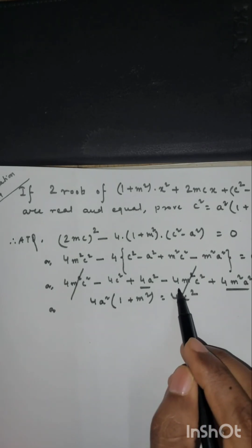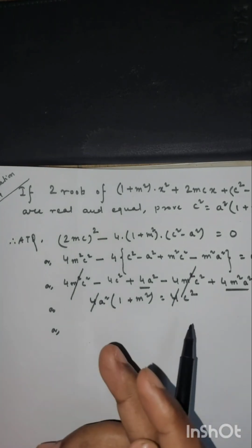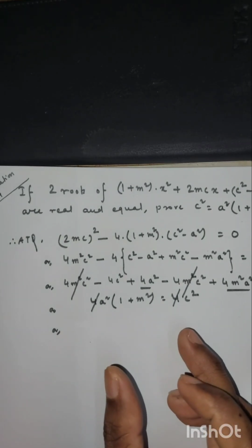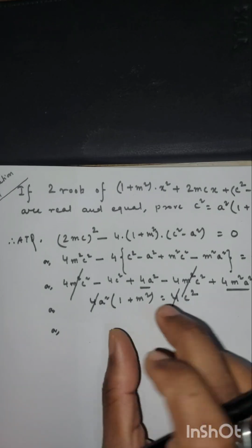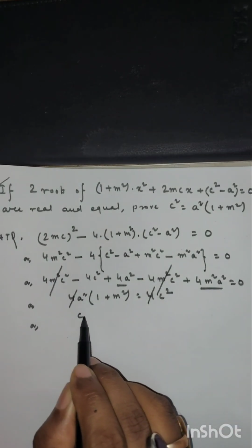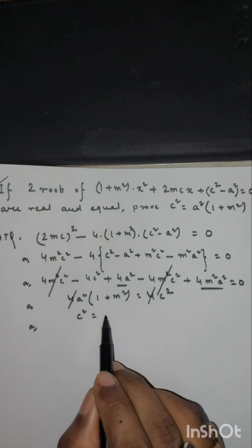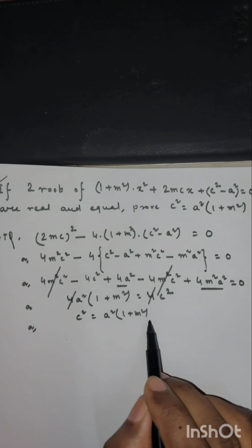Now if we cancel 4 from both sides and invert this equation, we get the thing that we needed to prove. So this is proved. Now let us proceed to our next question.